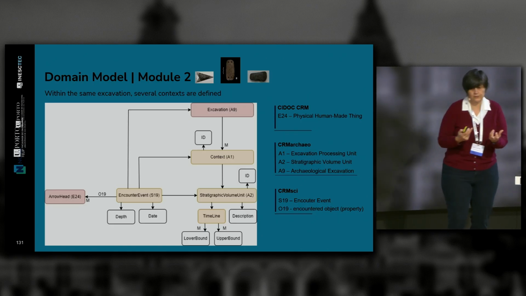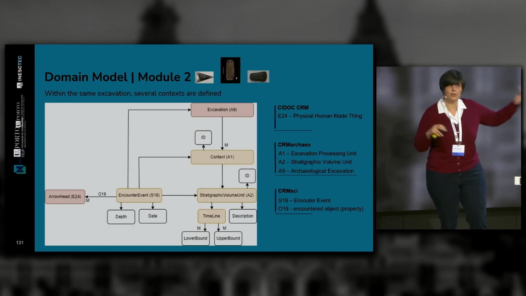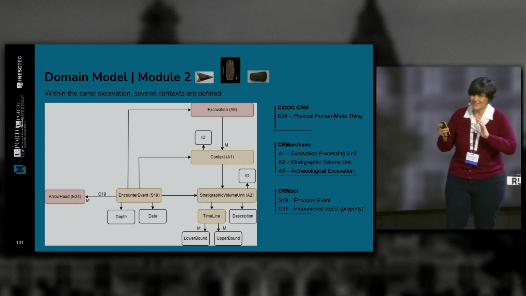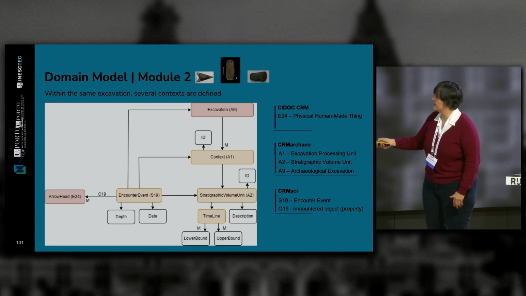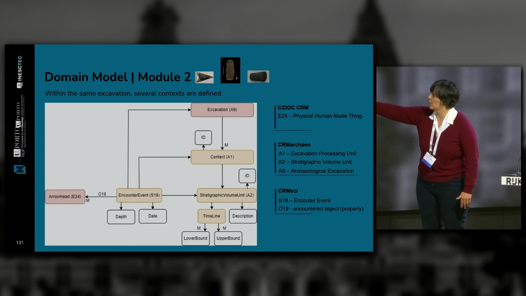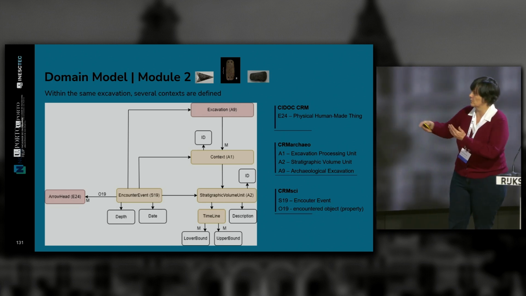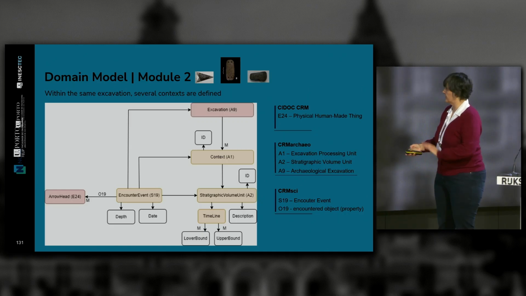But then some encounter events were in the past, so they don't have context for that. Some have contexts, others don't have contexts. So I decided to connect to excavation, not only to context, for instance, so that I could define an encounter event of an item without context.